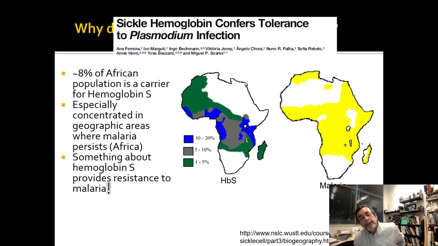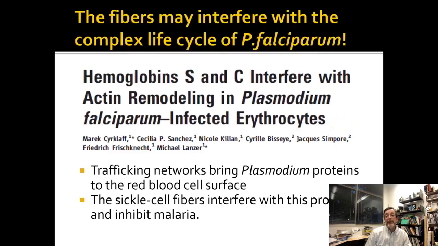Here's the paper. If you want to go into it and you want to find out exactly why, here's the paper that really is the central paper to this. Sickle cell hemoglobin confers tolerance to Plasmodium infection. And they did some molecular biology to figure out how it confers tolerance. It looks like the fibers, when they form in a moderate level, they don't bother the patient as much, but they really bother the malaria, which is trying to live and do its life cycle within the red blood cells.